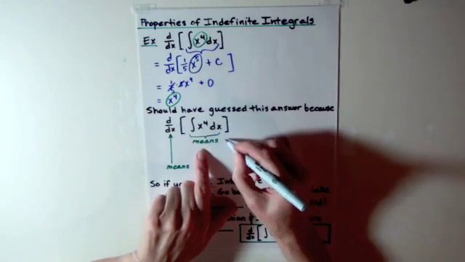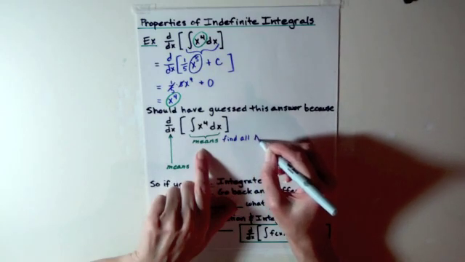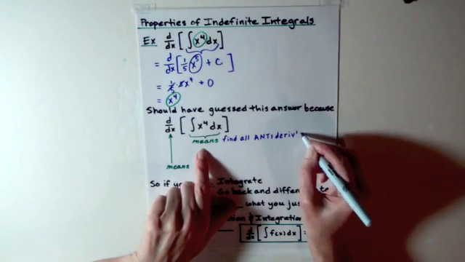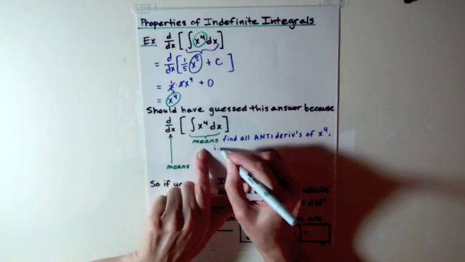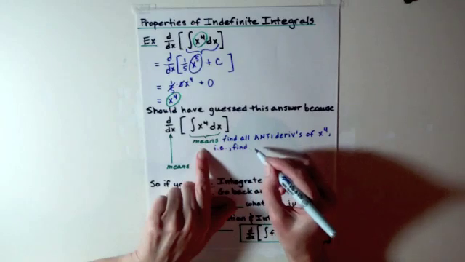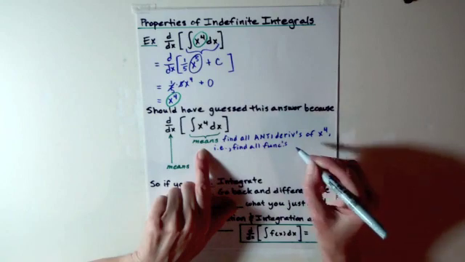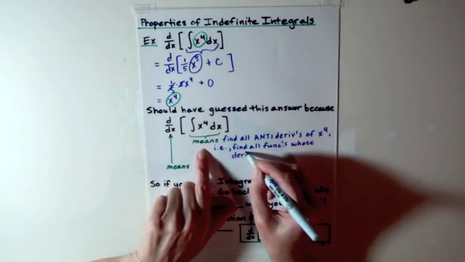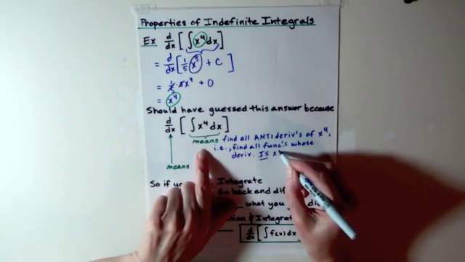So this means find all antiderivatives of x to the fourth, in other words, find all functions whose derivative is x to the fourth.